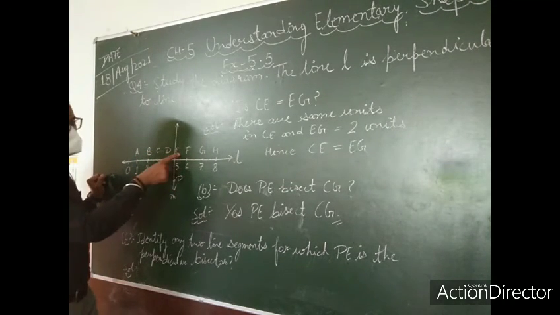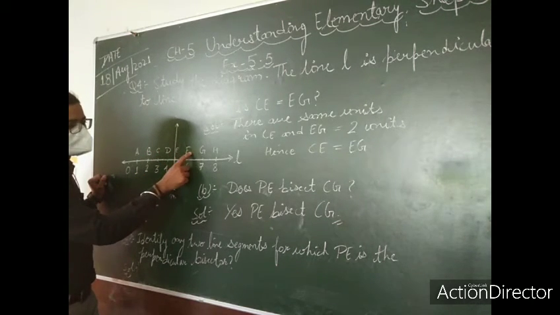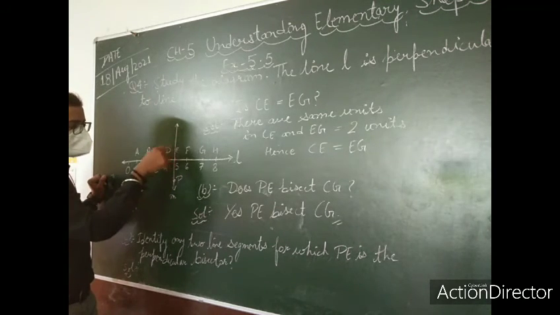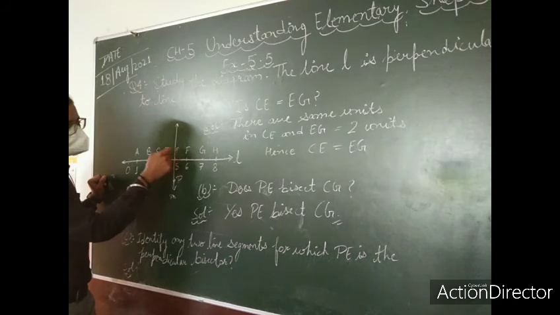So PE is a perpendicular bisector for DF, and the other one is CG. This line segment PE divides DF and CG into two equal parts.